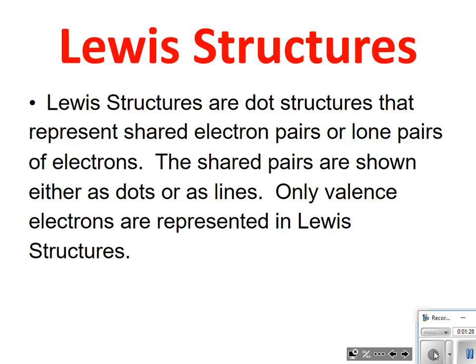Now, of these covalent bonds, we talked about double covalent bonds, single covalent bonds, and triple covalent bonds. What's the difference between a double, a triple, and a single? Lauren, what do you think?